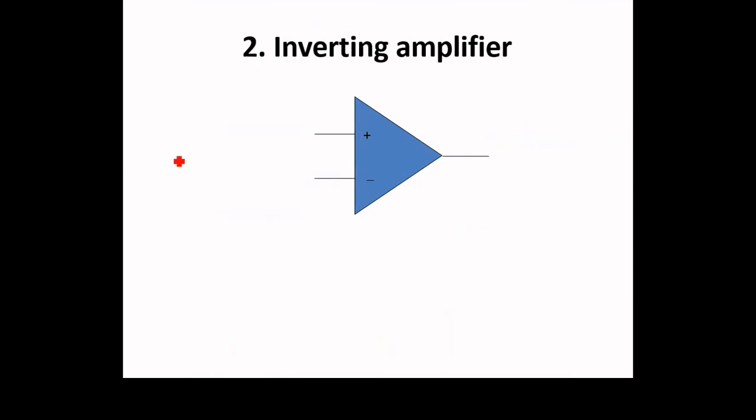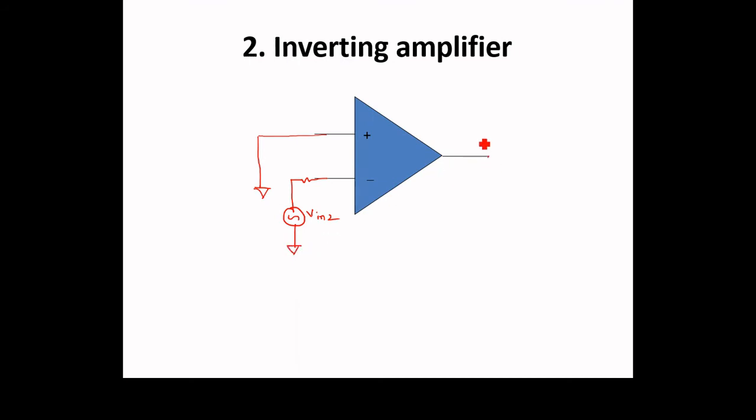Now the second one, inverting amplifier. So when will we say inverting amplifier? To this non-inverting terminal, we are not applying any voltage, only to the inverting terminal we are applying the voltage.